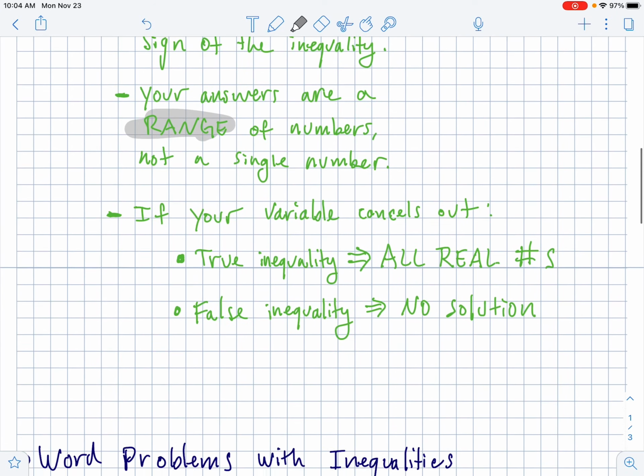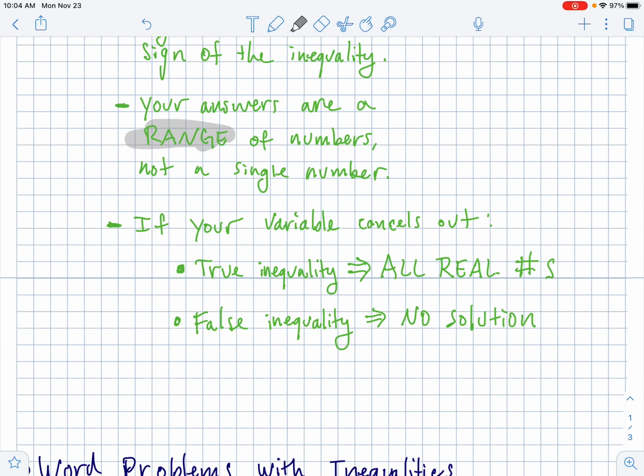There's a couple specialty situations that we talked about. So if you're doing all your algebra and there's a 2x on both sides and you subtract 2x and they go away, if you lose all your variables, what's left is a true inequality. For instance, a true inequality is like -5 is less than 10.